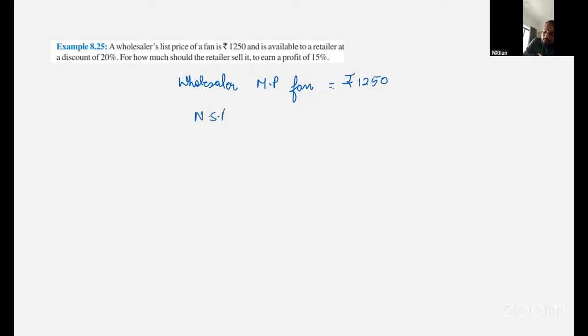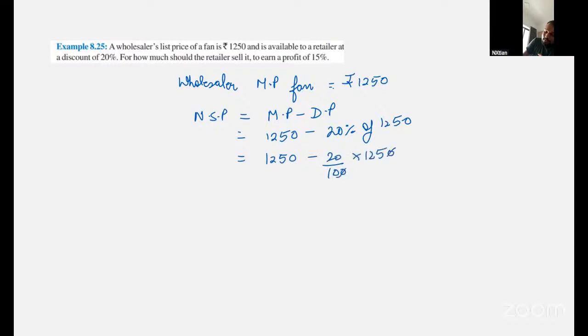I'm calculating the NSP, which is the market price minus the discount. The market price was 1250, minus a discount of 20% of 1250. So it will be 1250 minus 20 upon 100 into 1250. This and this will cut, so it becomes 1250 minus 2 into 125, which is 250.